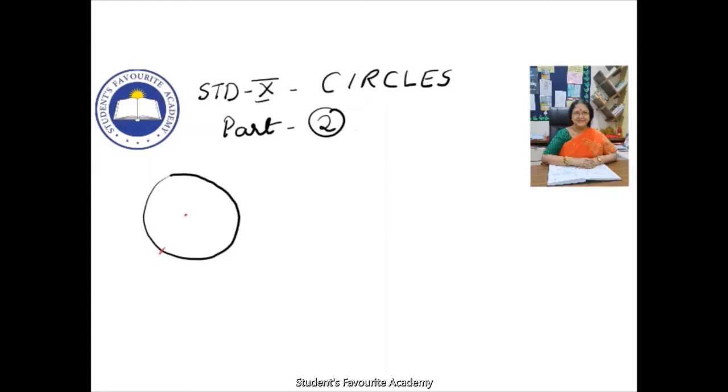Suppose this is the center, this is the arc AB, and arc AB subtends an angle AOB. Now the same arc AB subtends another angle in the remaining part of the circle.